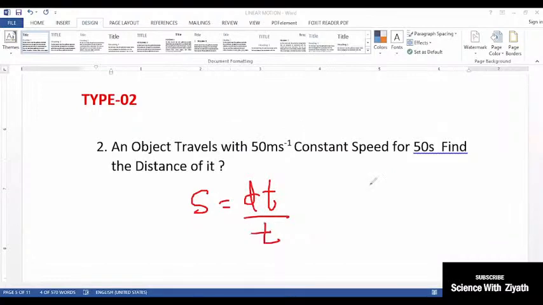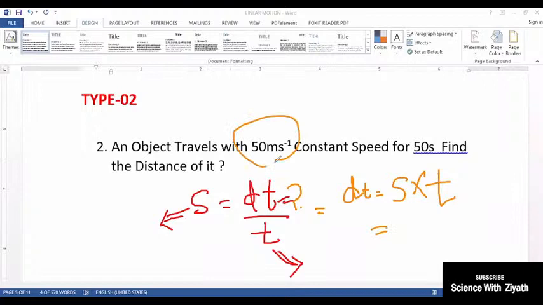Normally I used to say these are baby questions. They have given a speed, they have given a time, and they have asked for distance. Simple. What's distance equal to? You multiply speed into time, S into T.